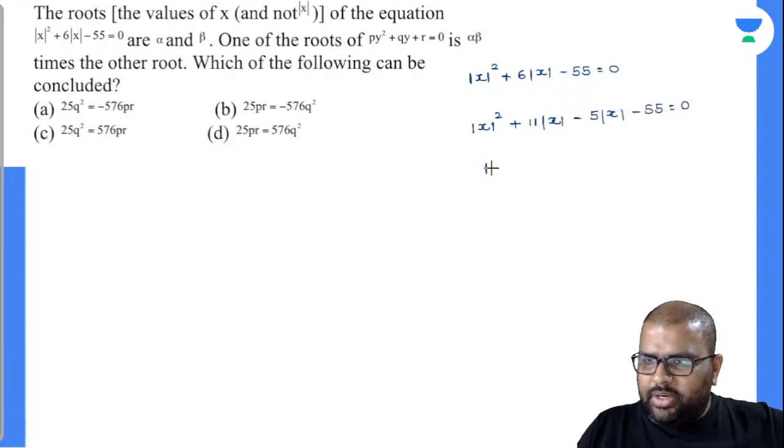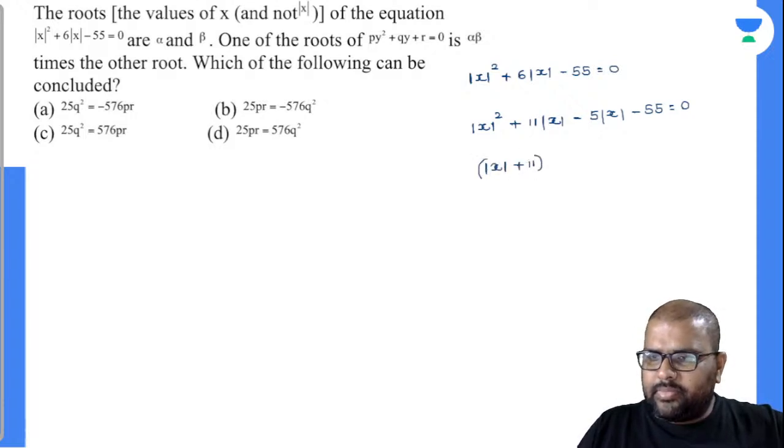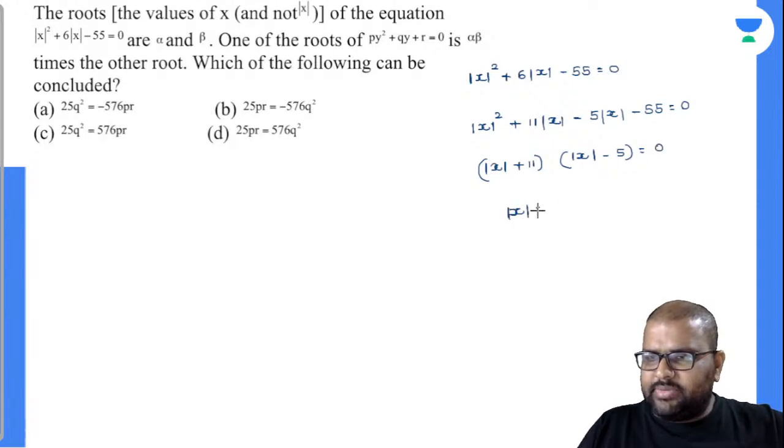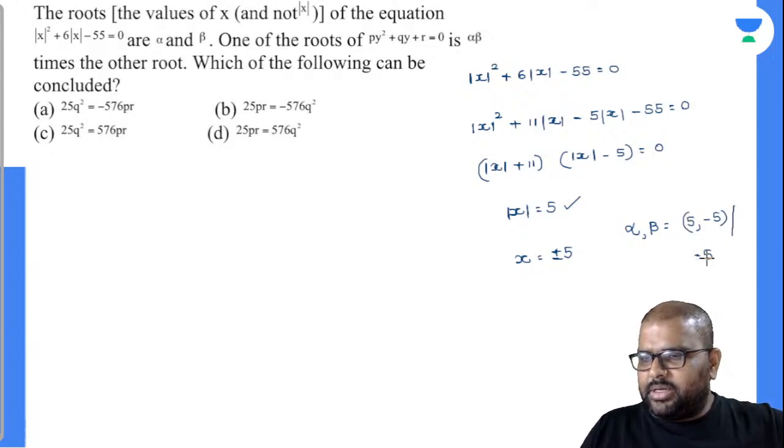So finally modulus of x plus 11 times modulus of x minus 5 is equal to 0, and modulus of x must be surely positive, right? So your x value will be plus or minus 5. Everybody should accept this. So your alpha comma beta is 5 comma minus 5 or minus 5 comma 5.